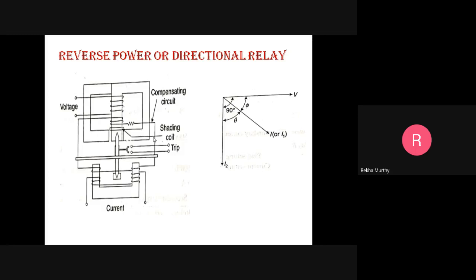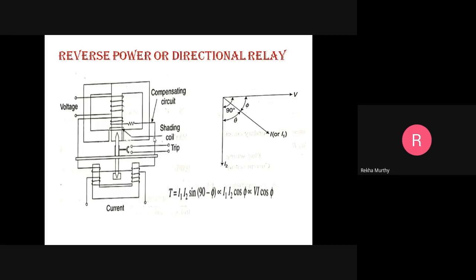Then the angle θ between I1 and I2 is equal to 90 degrees minus ψ. So we get the torque equation as I1 × I2 × sin(90° − ψ), which is directly proportional to I1 × I2 × cos ψ, which is again proportional to V × I cos ψ. Now let's move on with the induction cup type of construction, where the induction cup type directional relay is also used to produce a torque proportional to VI cos φ.